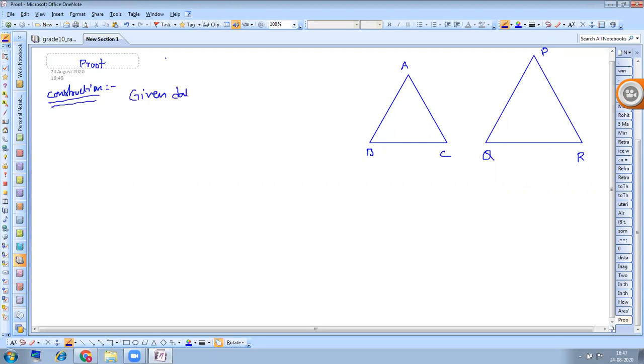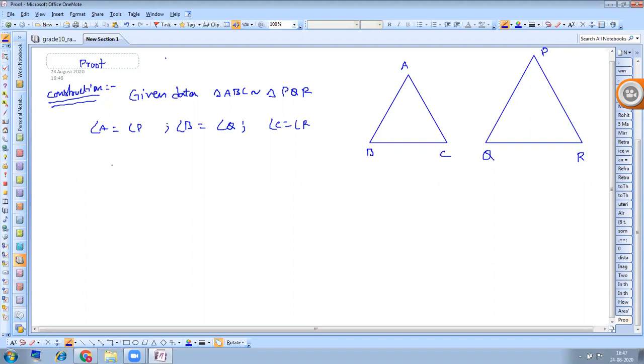Given data is triangle ABC is similar to triangle PQR. That means angle A is equal to angle P, angle B is equal to angle Q, angle C is equal to angle R. So that is the given data.